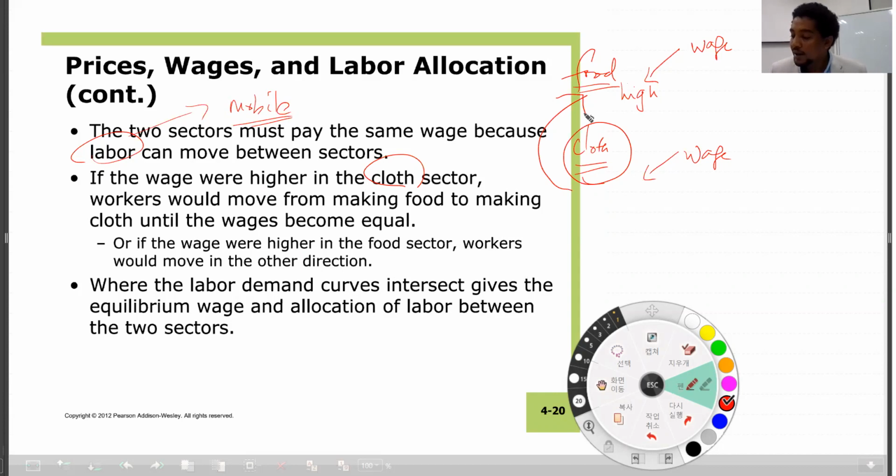They will go there until the wages paid in food production are equal to the wages paid in clothes production. That's obvious. Or if the wage were higher in the food sector, workers would move from clothes to food, and the other way around. Where the labor demand curves intersect gives the equilibrium wage and the allocation of labor between the two sectors. So which one is the equilibrium wage where there will be no more movement of labor between these two sectors?